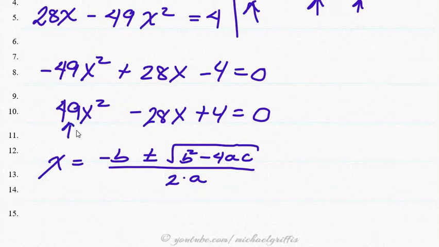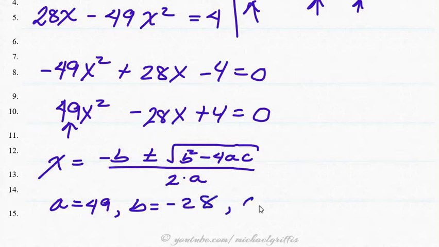So our a, which is 49, let's just write it out. Our b is -28. And lastly, our c is 4.